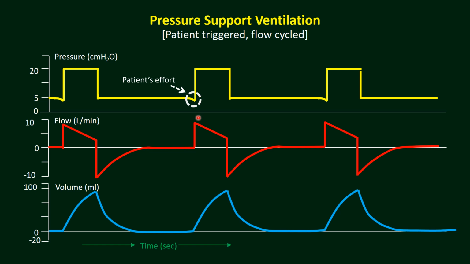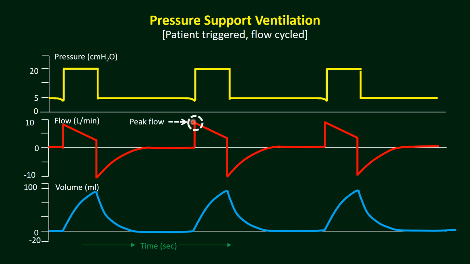The ventilator triggers the breath and delivers it, starting flow, delivering gas flow inside the lung, and it reaches up to a certain point to reach the set pressure support. So, it will reach that point we have set in the pressure support limit.